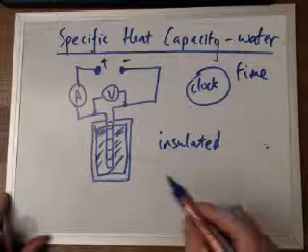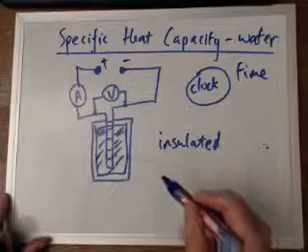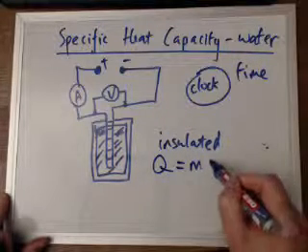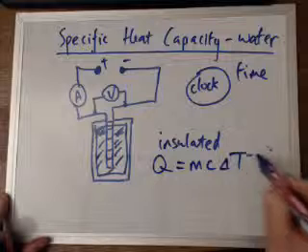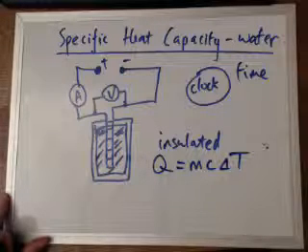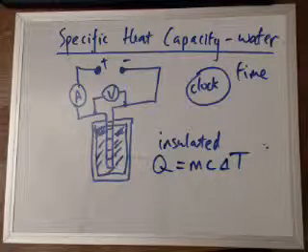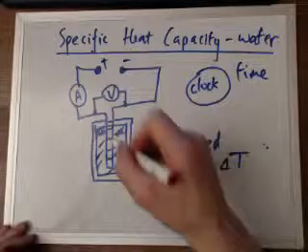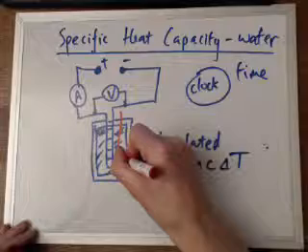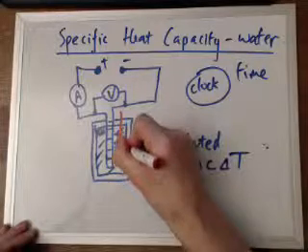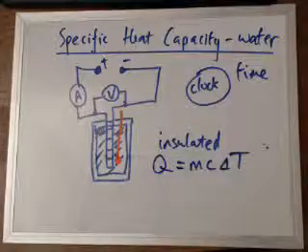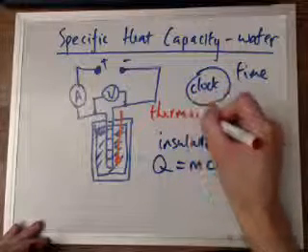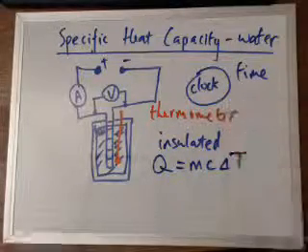So going back to the previous screen, we have energy transferred is equal to mc delta T, the change in temperature. We also need in here a thermometer to measure the rise in temperature.